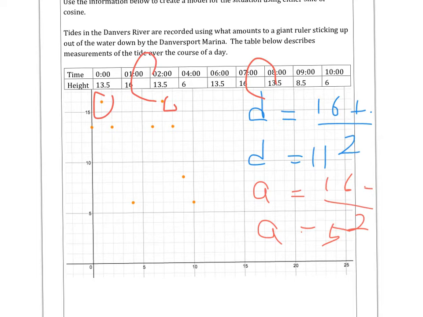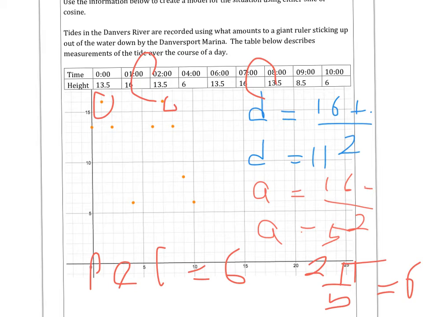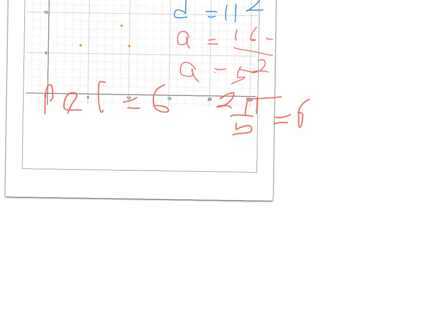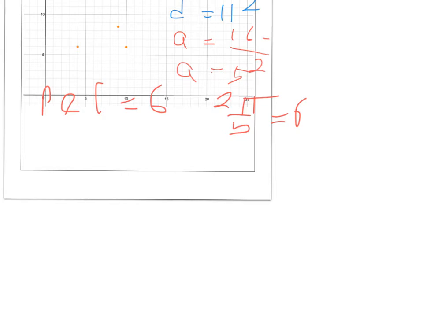And it looks like my period here is going to go from 1 to 7, which is 6. All right. So if 2 pi over b is equal to 6, that means that b is going to be 2 pi over 6.